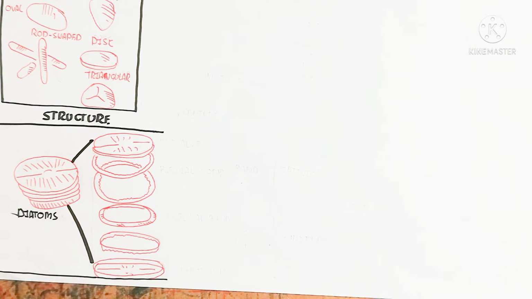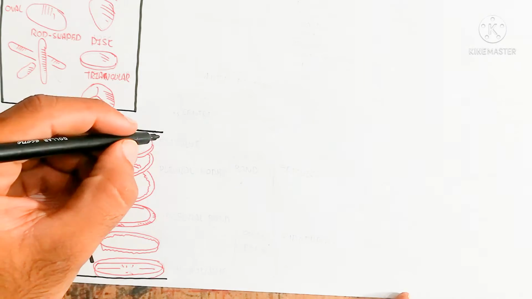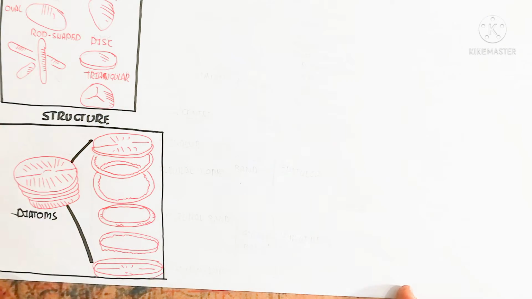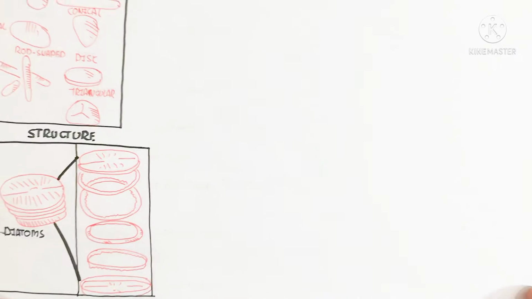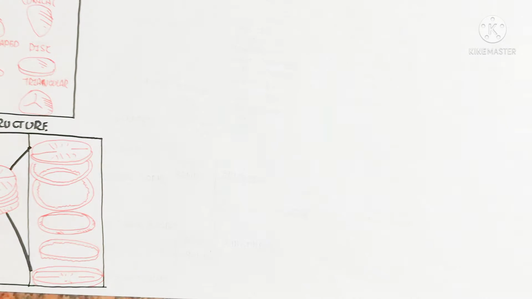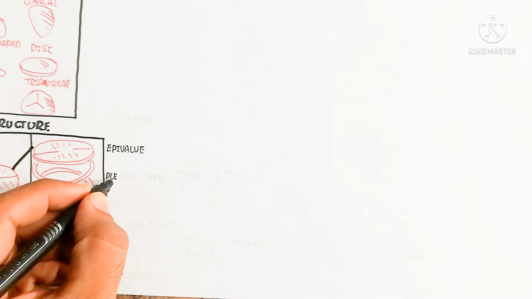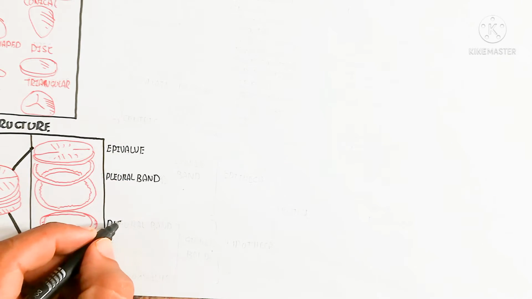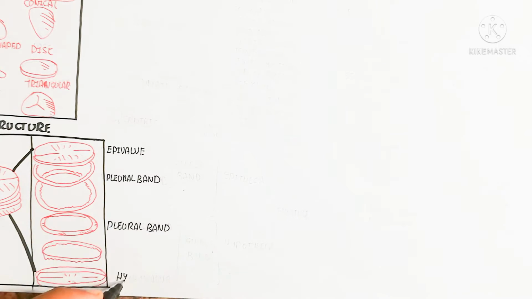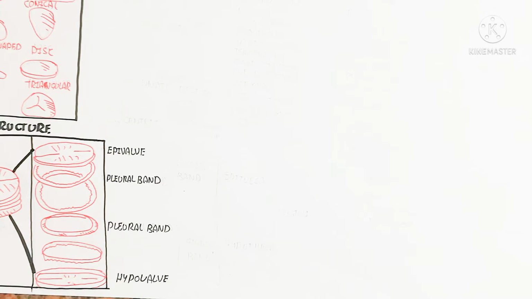The pleural band and hypovalve make up the hypotheca, while the epivalve and pleural band containing a girdle band make up the epitheca. Collectively, the epitheca and hypotheca are known as the frustule.